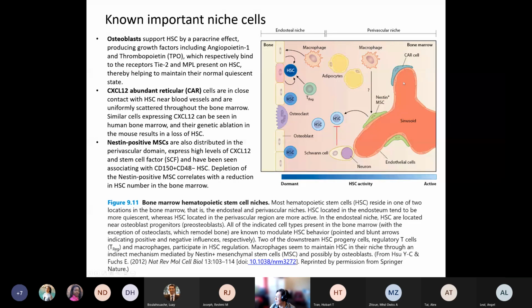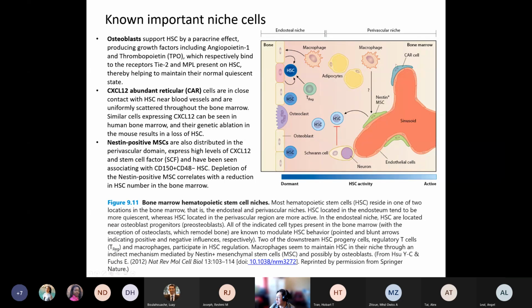And then there is another cell type called CAR cells, or CXCL12 abundant reticular cells. They are in close contact with HSC near the blood vessel. This is called a sinusoid. The sinusoid is the structure I mentioned, like a blood vessel-like structure within the bone.